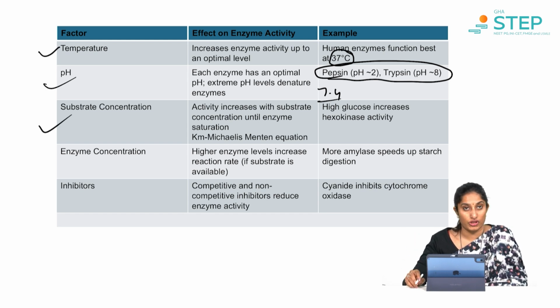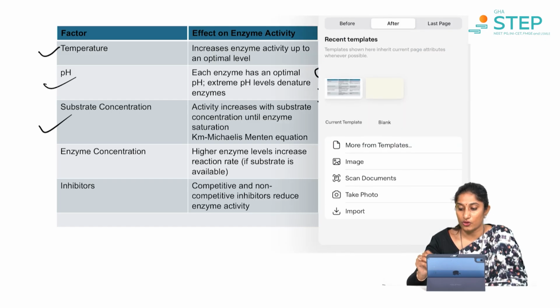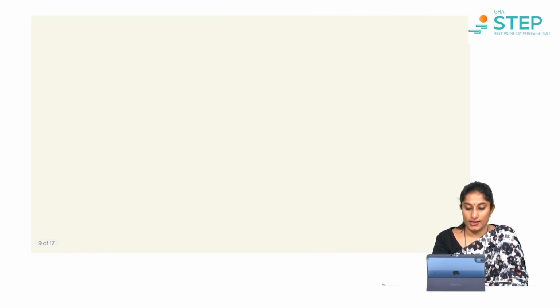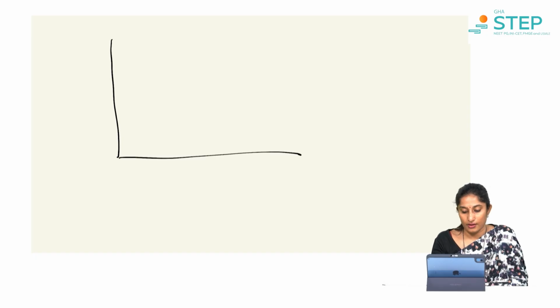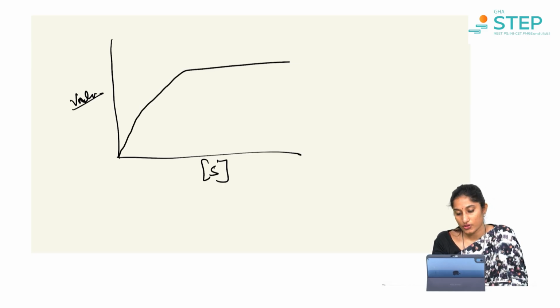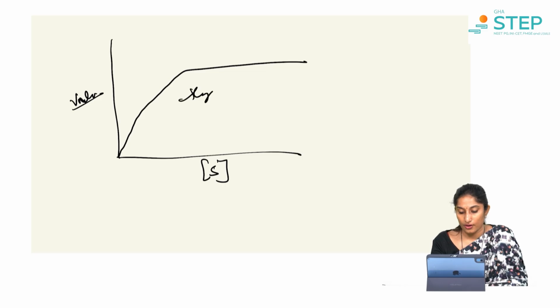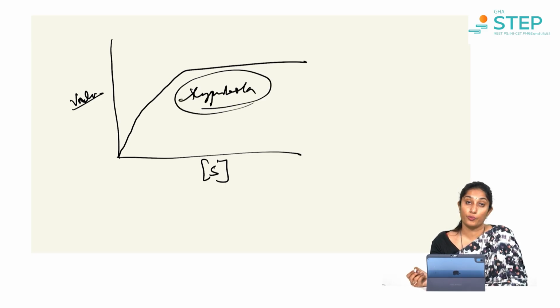Substrate concentration. Now, what happens with substrate concentration? I will draw the same graph, this is S, and this is the velocity, and you increase the substrate concentration and you get a graph like this. I would call this graph a hyperbola graph.